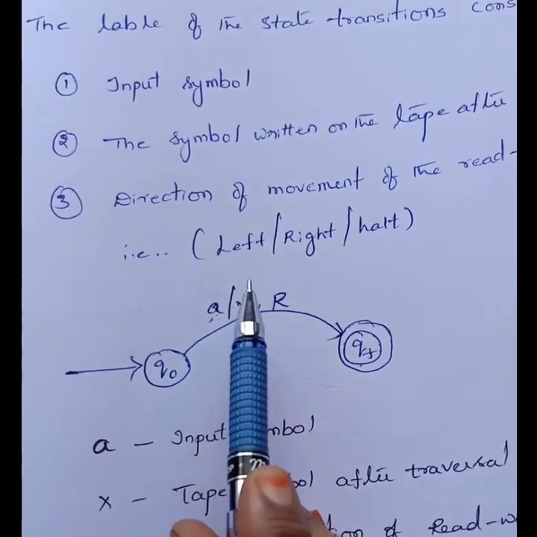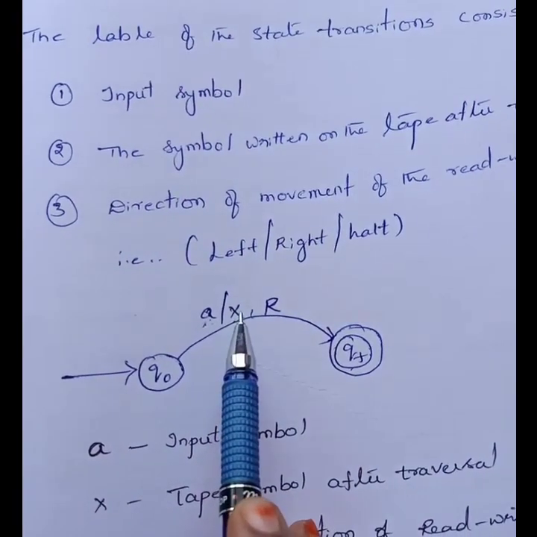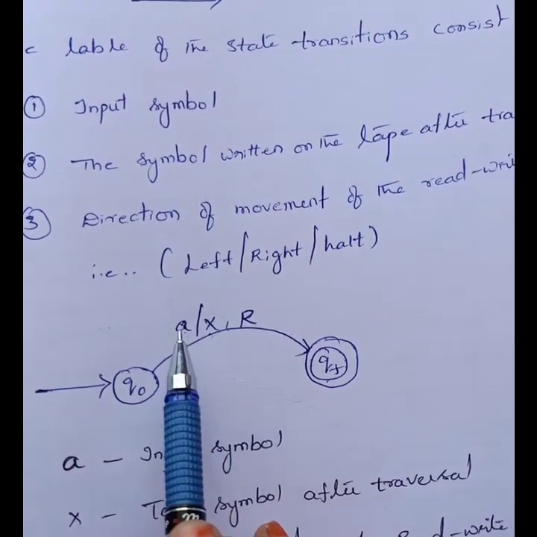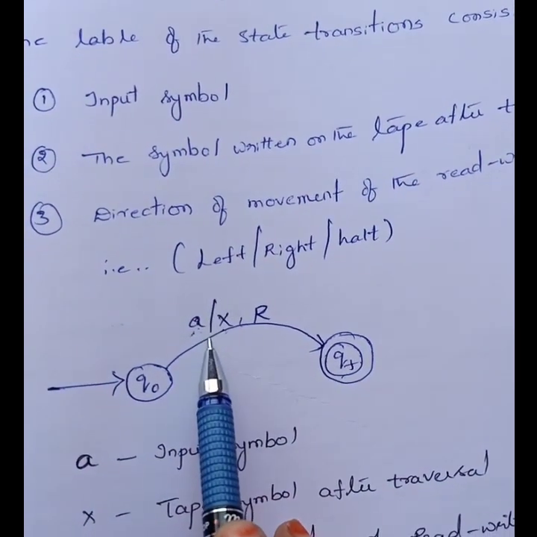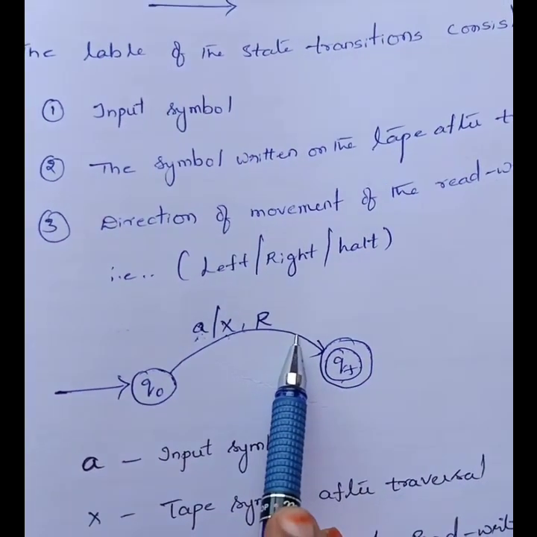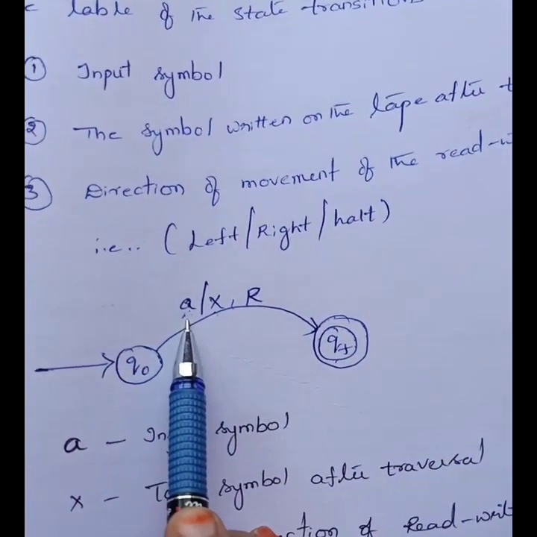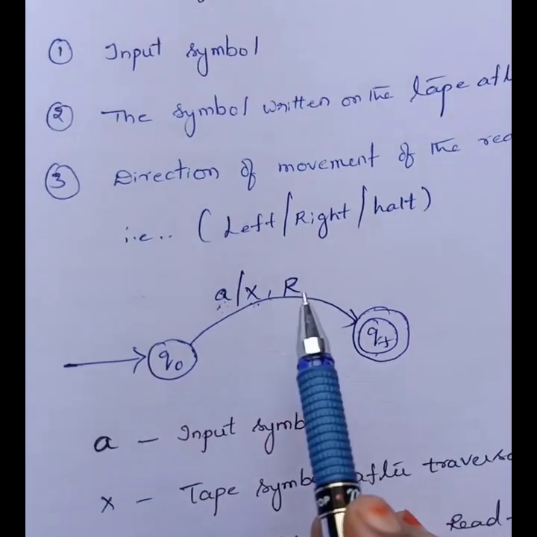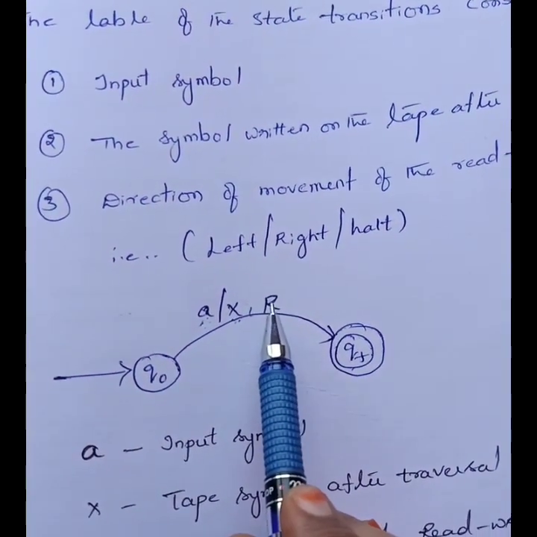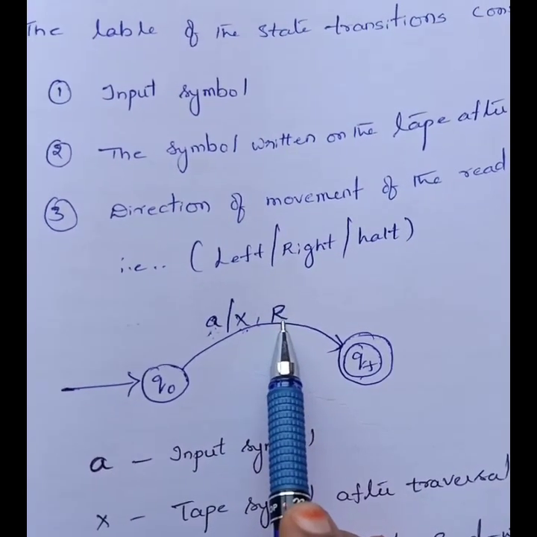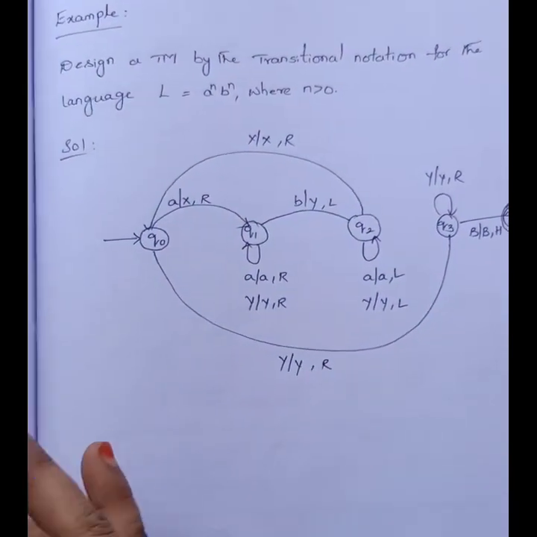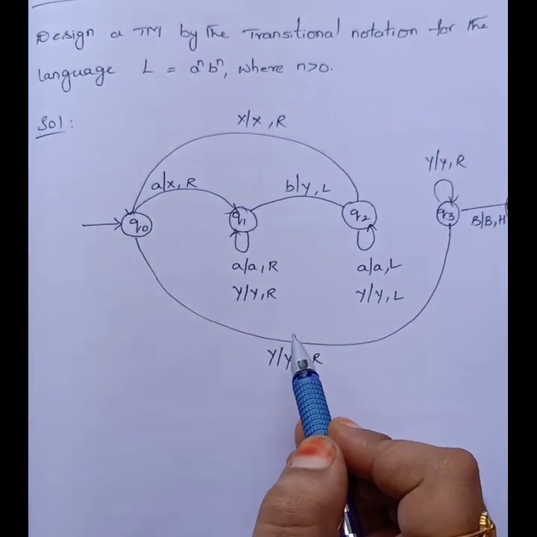So A is rewritten as X and the head moves one step right, which means A/X comma R is the label given to this transition. We know very well A is the input symbol, X is the tape symbol, and R represents the direction, left or right. Here R is right.